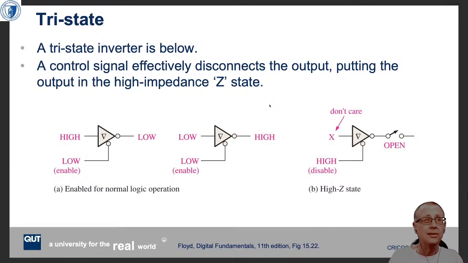This is another reason why sometimes you need to have pull up or pull down resistors in your circuits. Right? You can imagine that if the high impedance output gets connected to some other input in your circuit and the output is disabled, so we are in the Z state, the high impedance output state, then the input to the subsequent device is floating.